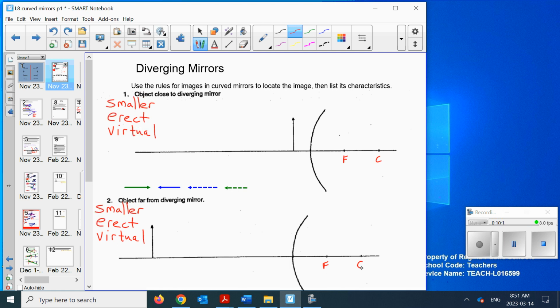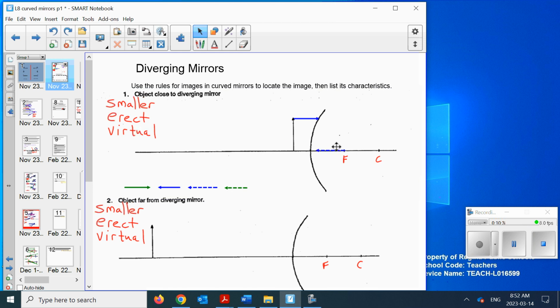Now, let's go with this. First rule, same rule, parallel to the principal axis, but it lines up with the virtual focal point. So I'm going to use a dotted line, and then I'll take it from there.